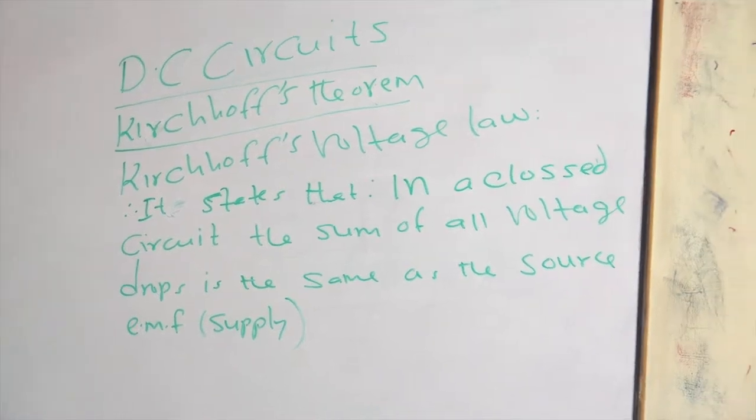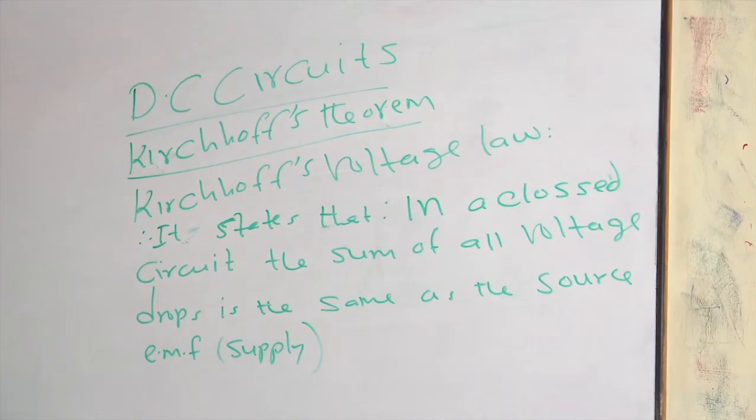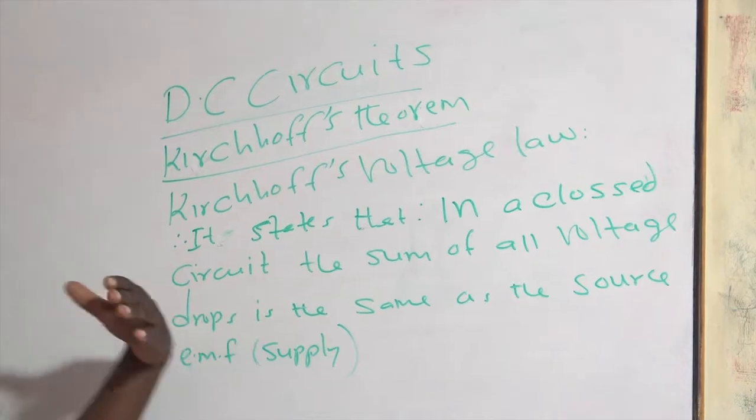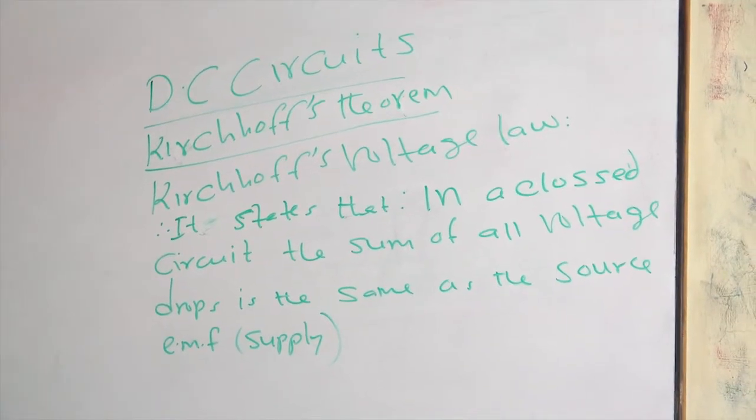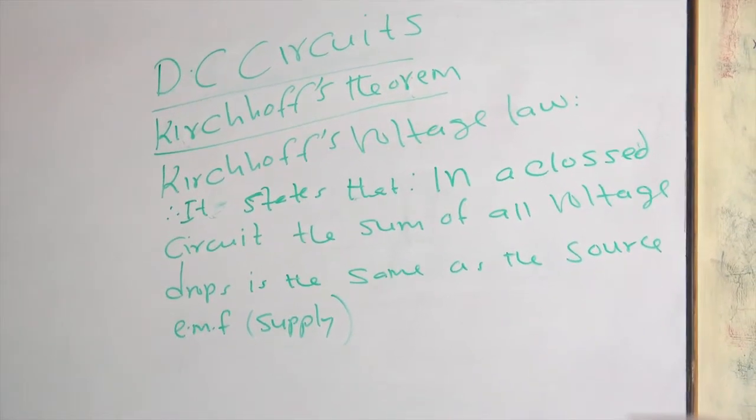So the voltage drop in any closed circuit is equal to the source voltage or the supply voltage.